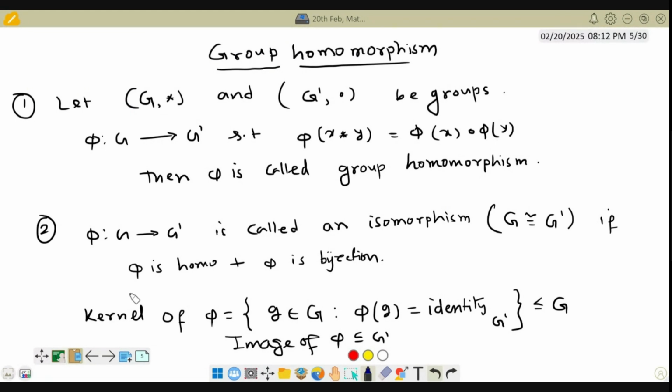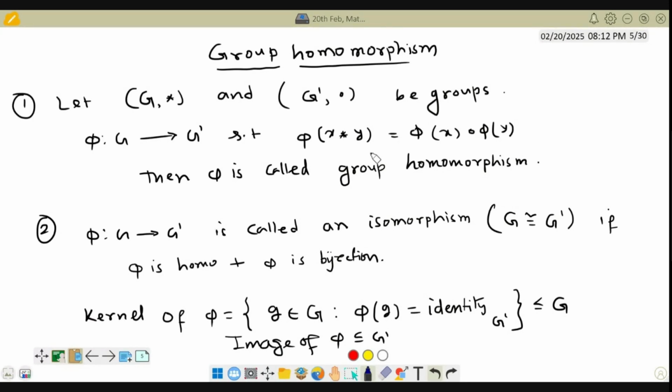Okay. So let's recall some group homomorphism things. Then we'll move to MCQ again. So what is a group? A group is some algebraic structure with extra properties like associativity, inverse, identity. You are all familiar with what a group is.